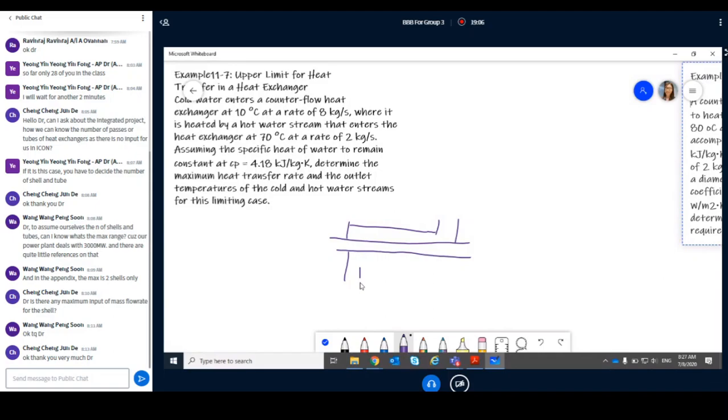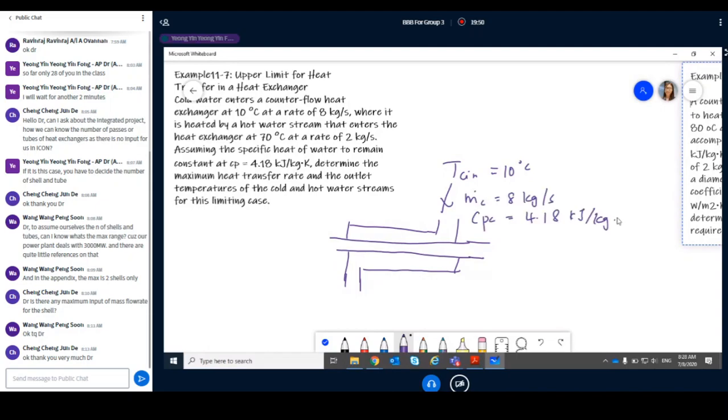Okay, so you have a TC in. For a double pipe counterflow, it doesn't matter which part the hot stream or cold stream is on, no worry, because it will not affect your calculations. So TC in is 10 degrees C. MC is 8 kilogram per second, and CPC equals 4.18 kilojoule per kg.